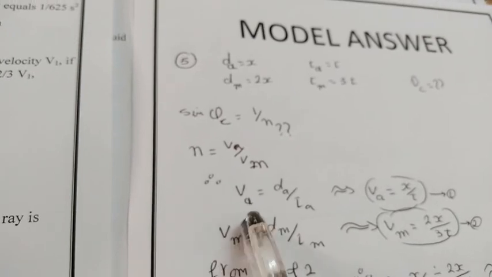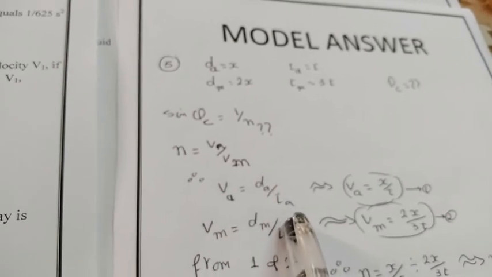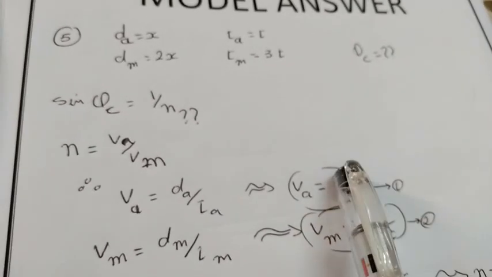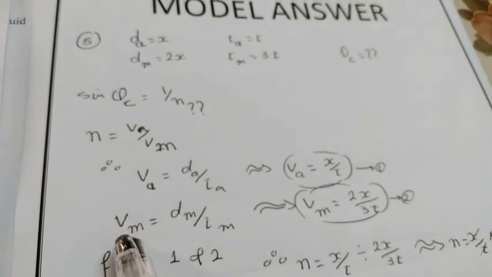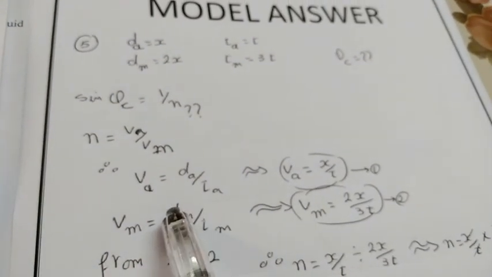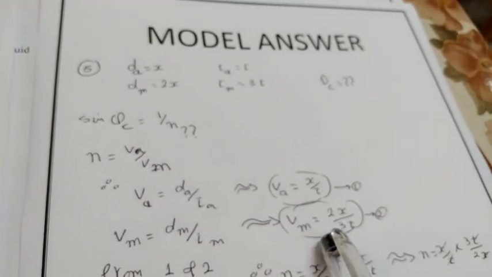So Va equals distance over time, Va equals dA over tA, so Va equals x over t. That's number 1. And the velocity of light through the medium equals the distance covered in the medium divided by the time required to cover this distance. So Vm equals 2x over 3t, and this is number 2.